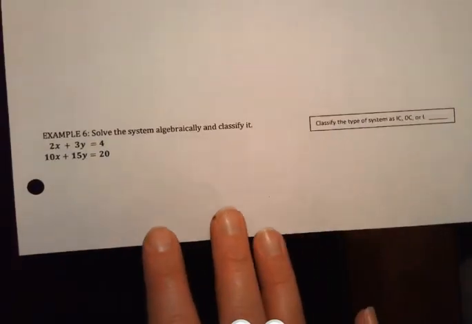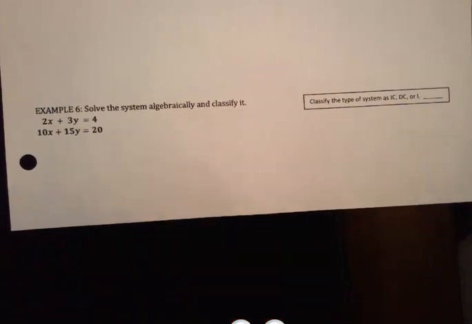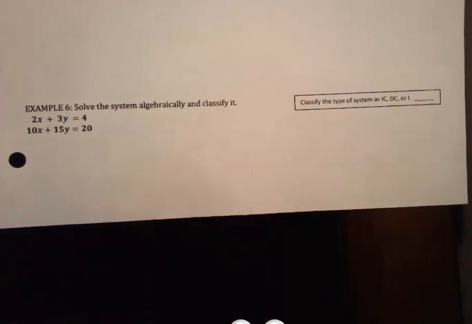I did not leave much room on this example 6 down here. My goodness, what was I thinking? Let's solve the system algebraically and classify it. I will only use one method. Do I have any variables that have a coefficient of 1? No, I don't. I don't have an x by itself or a y by itself.